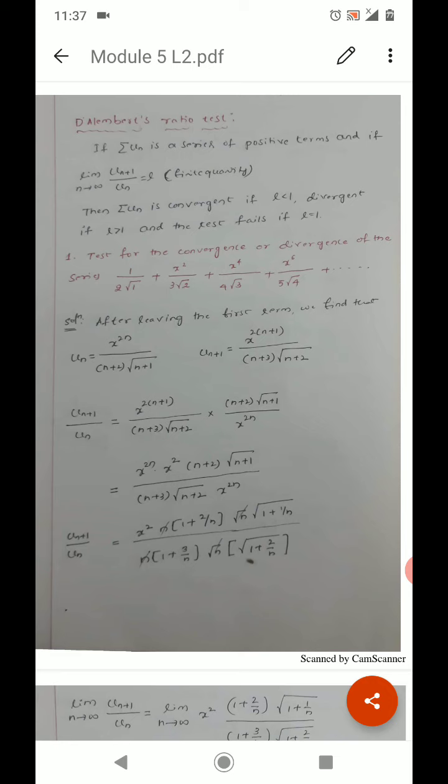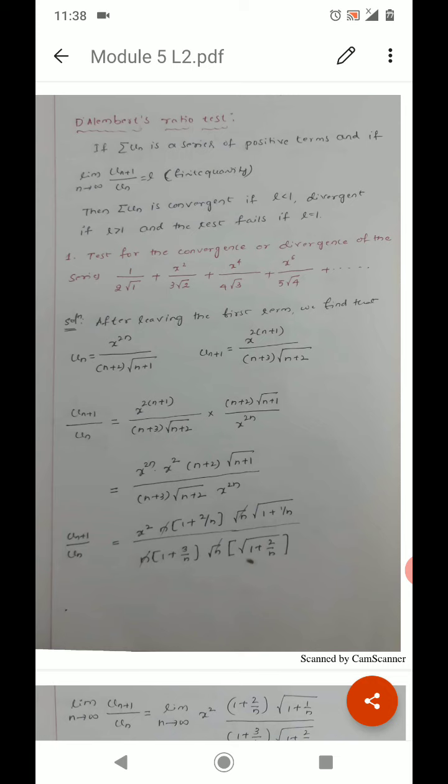Now divide un plus 1 by un, which will become x to the power 2 of n plus 1 divided by n plus 3 into square root of n plus 2, into the reciprocal of un, that means n plus 2 into square root of n plus 1 divided by x power 2n.